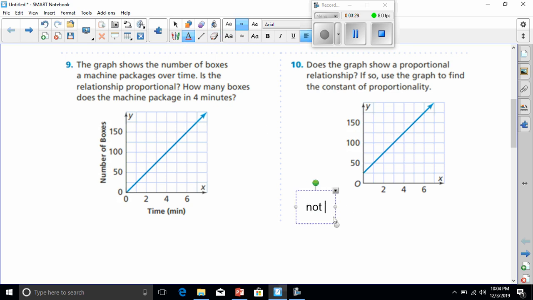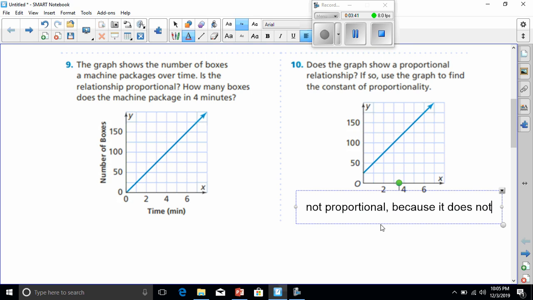Not proportional, because it does not go through the origin. And because it's not proportional, we do not have to find the constant of proportionality.